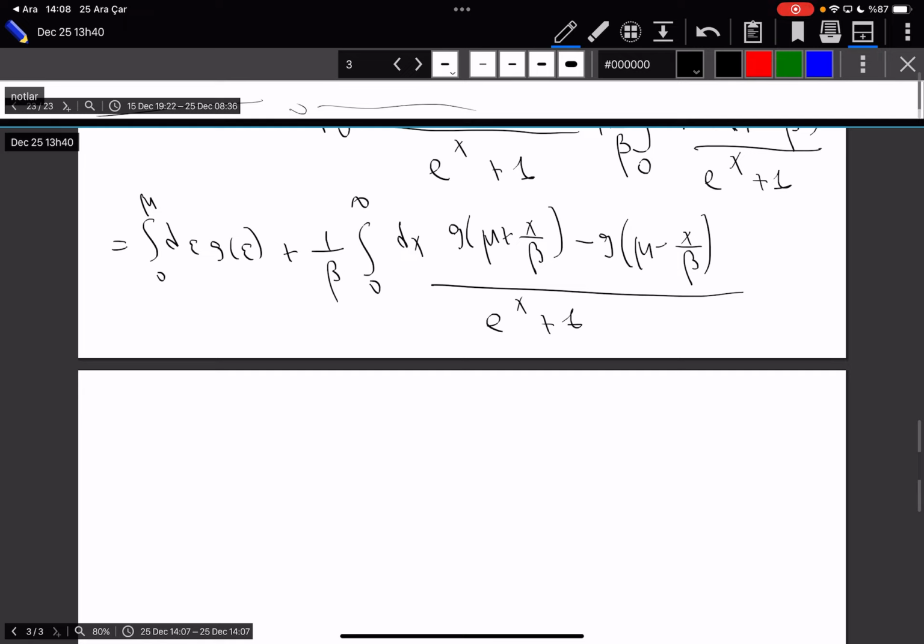So there's no risk of divergence. You see, in the case of bosons, that +1 was a -1, and that led to possible divergences, because the integrand could diverge at the limit of the integral. But here, the +1 is a positive number.